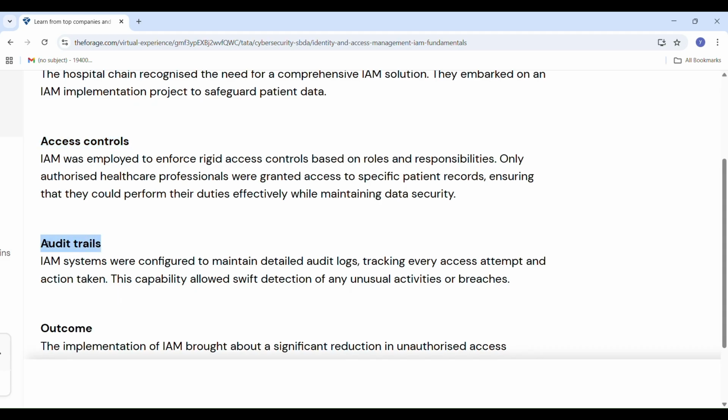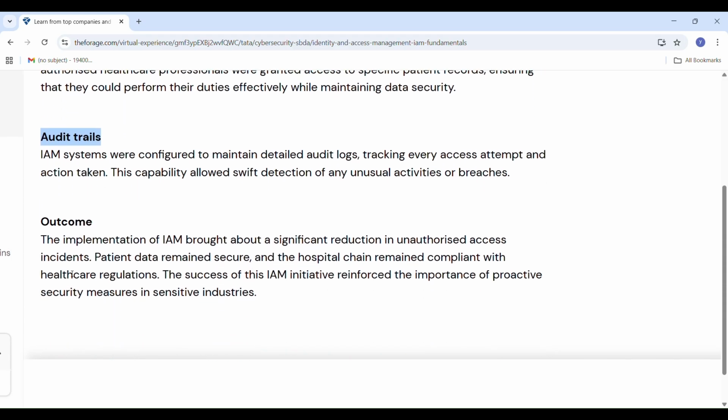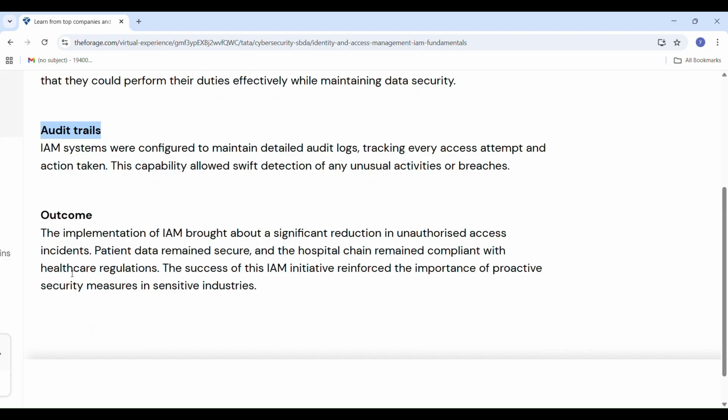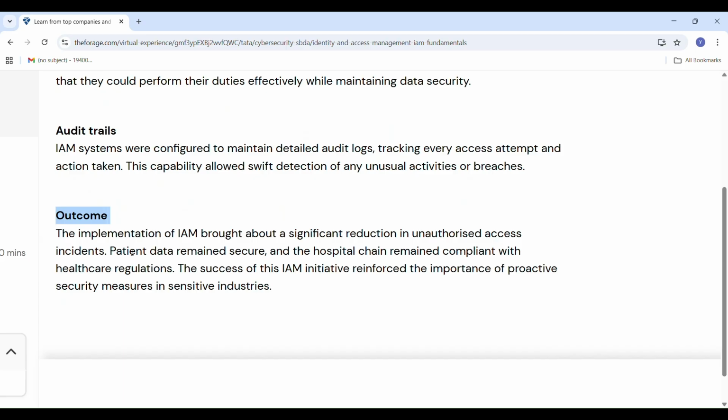This helped the hospital quickly find any unusual activity or possible breach happening. After implementing IAM, the number of unauthorized access cases reduced a lot. Patient data became safe, and the hospital followed all the healthcare security rules. This case shows why IAM is very important in sensitive industries like healthcare.